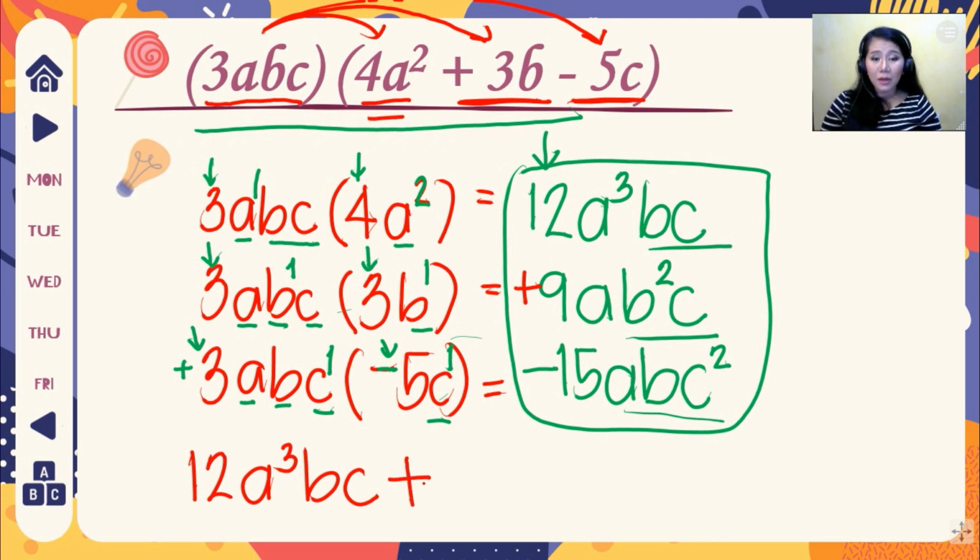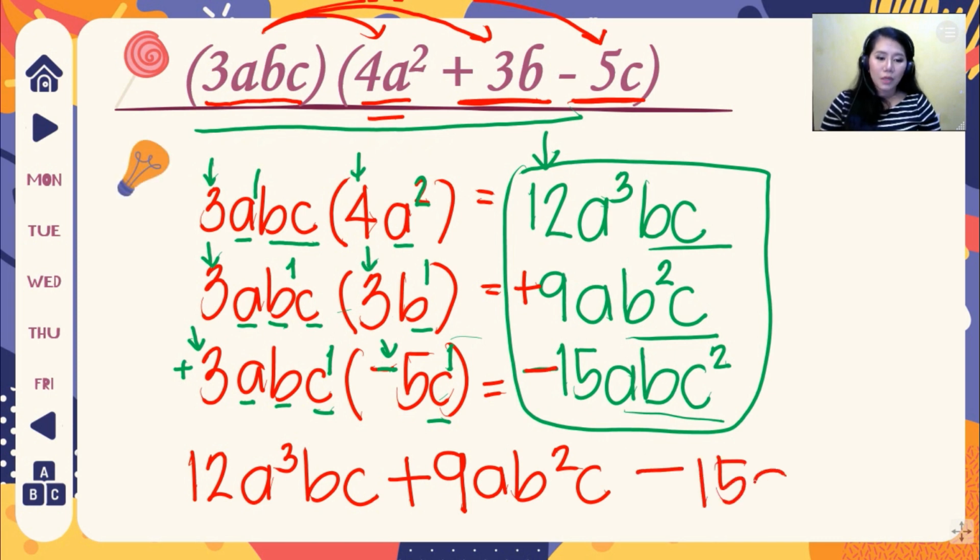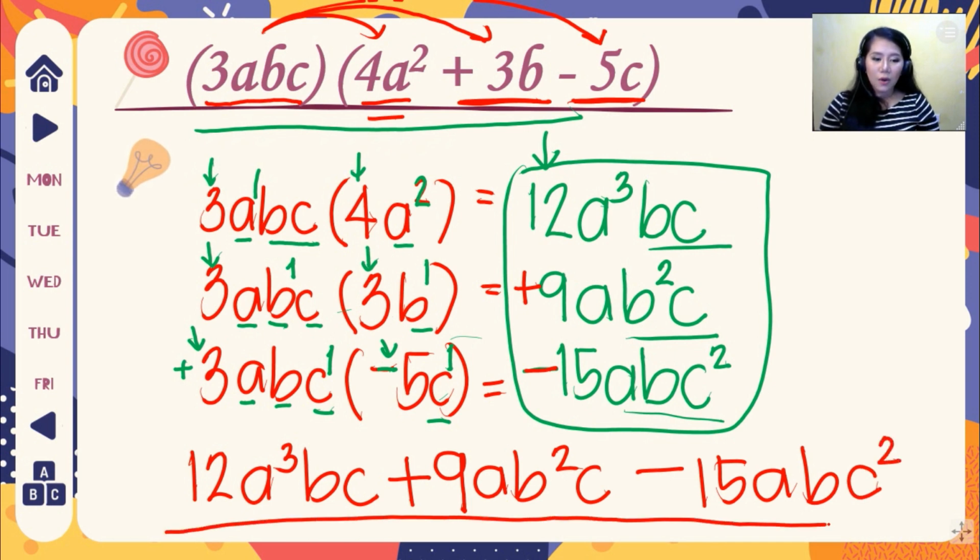Okay, kasi hindi pwedeng basta ka na lang nagsulat dyan ng 9. So, kailangan may operation in between. 9ab squared c. Then, negative is minus. So, minus 15abc squared. This is already your final answer. Haba, no?